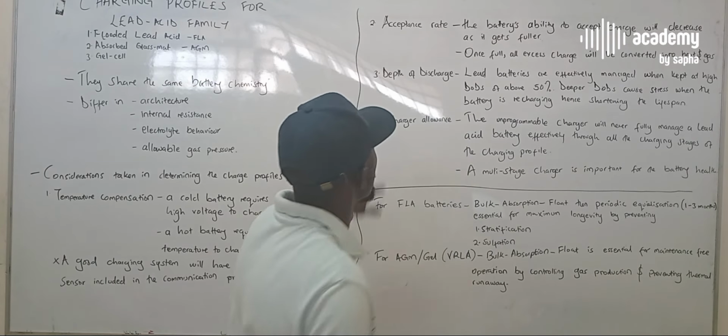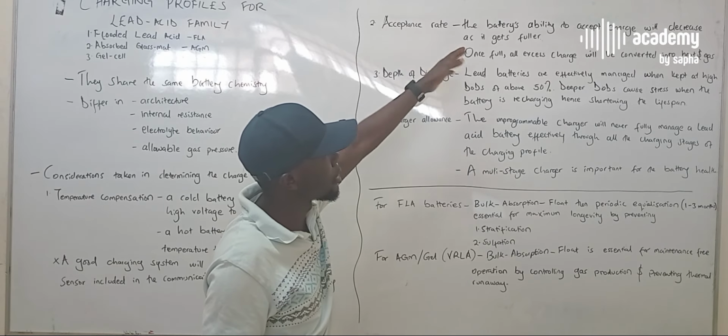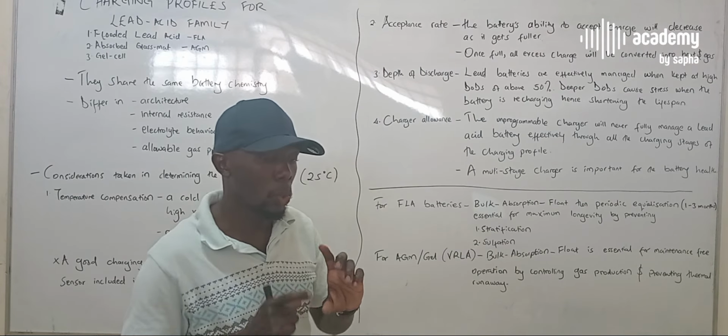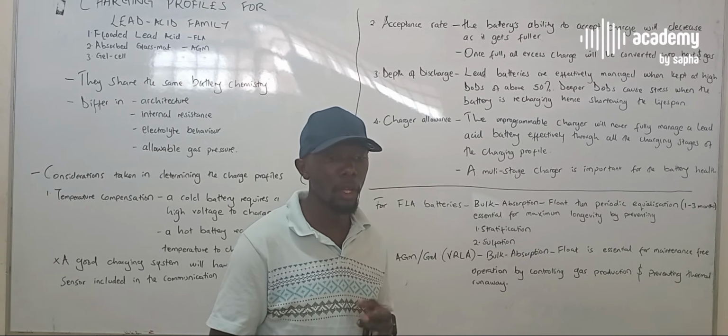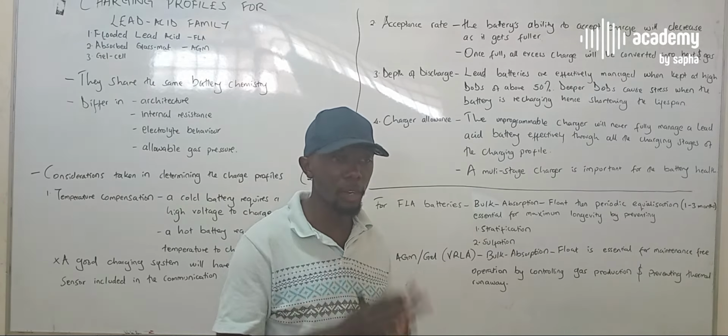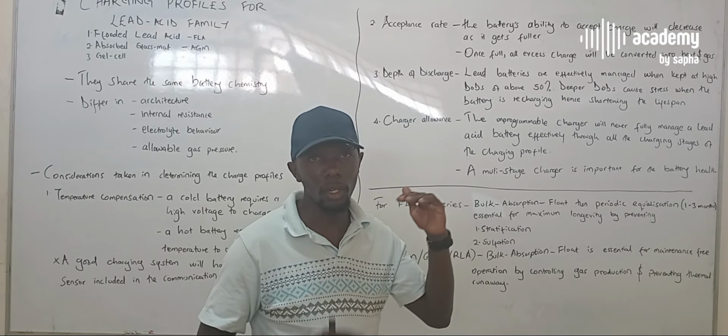The second consideration is the acceptance rate. The acceptance rate means that when a battery is at a certain state of charge and voltage level, the amount of voltage it can take in at that particular point normally differs when the voltage either increases or decreases.